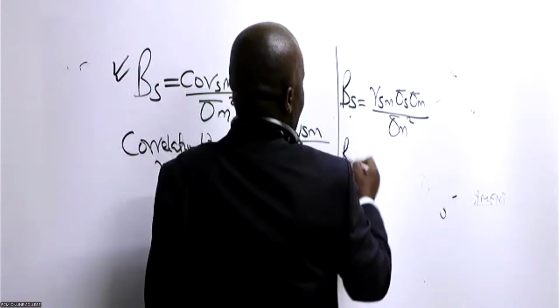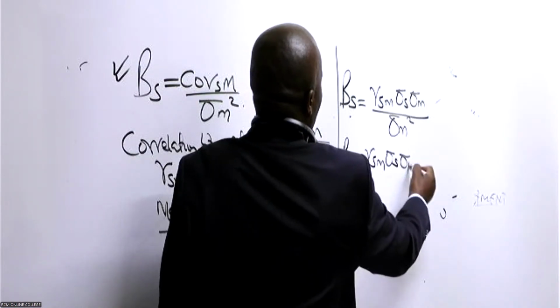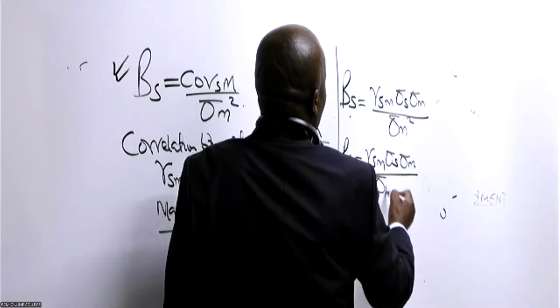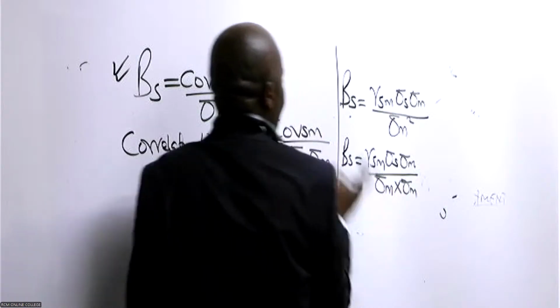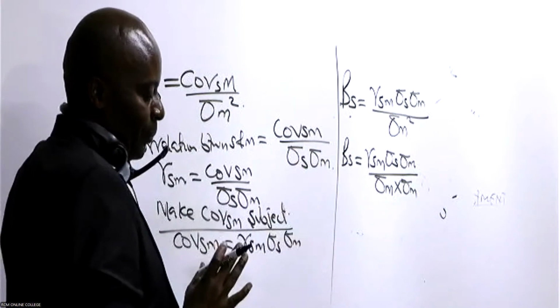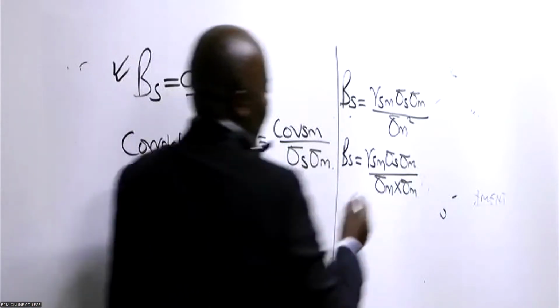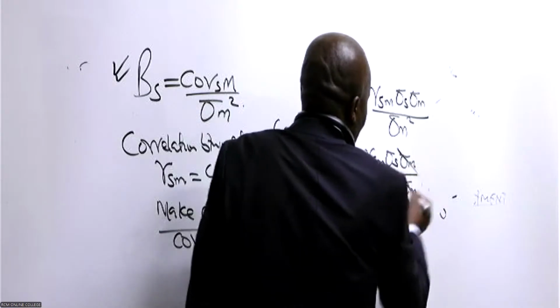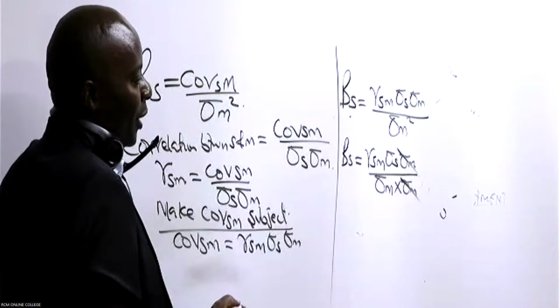So beta S will be equal to RSM, standard deviation S, standard deviation M, over standard deviation M times standard deviation M. Because standard deviation M squared is standard deviation M multiplied by standard deviation M. So what am I seeing, ladies and gentlemen? That these standard deviations M, I can cancel. Those two can cancel there.